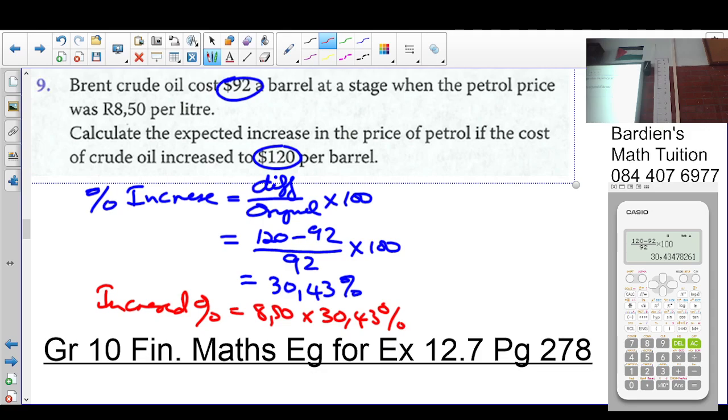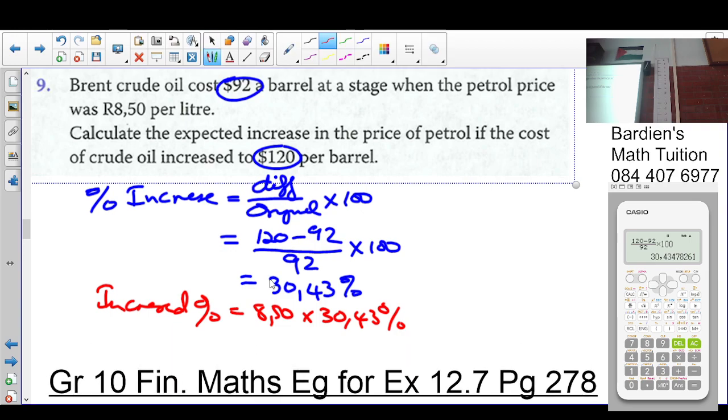Then we take this amount and we add it to the 8.50. Okay, you guys understand?